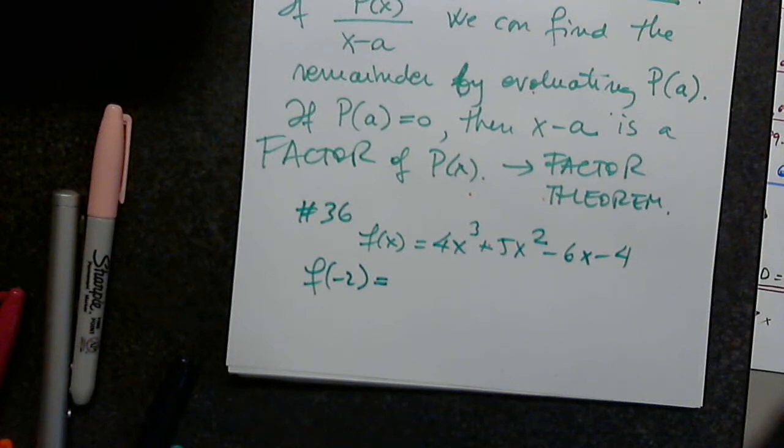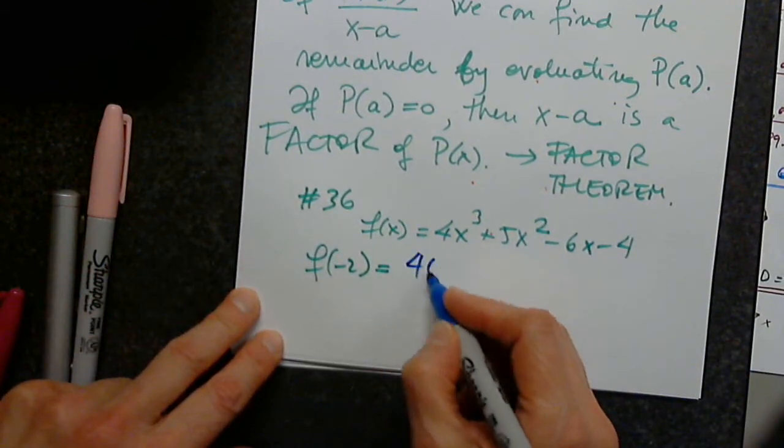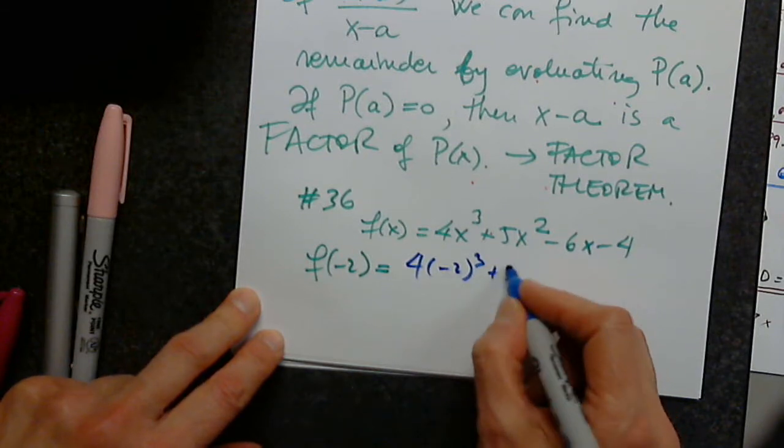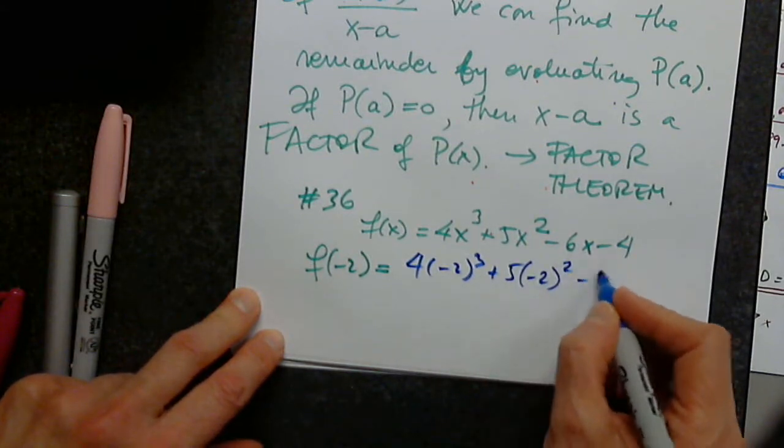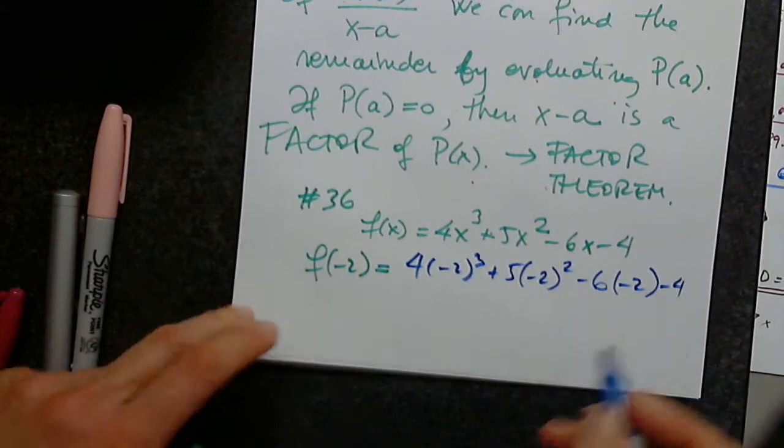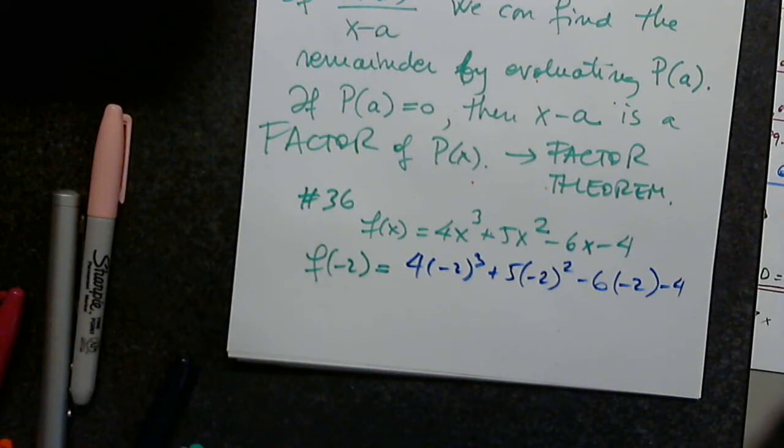I don't have to use any theorem to find f of negative 2, correct? I just plug it in. So 4 times negative 2 cubed plus 5 times negative 2 squared minus 6 times negative 2 minus 4. However, what I'm interested in here is, what if the answer is 0?